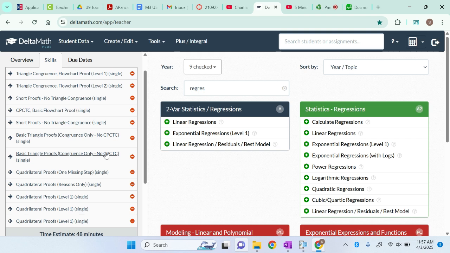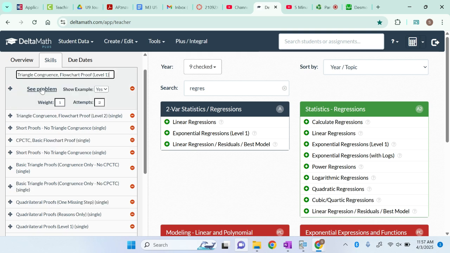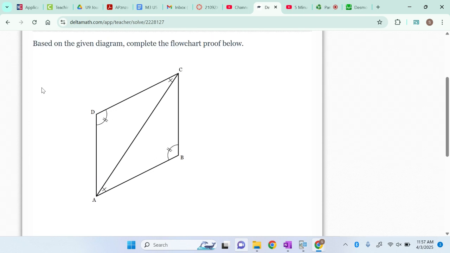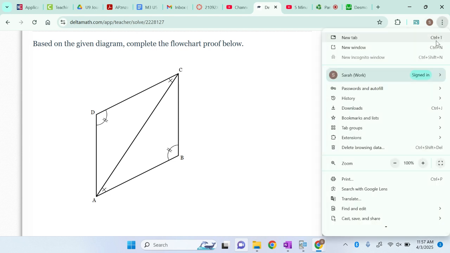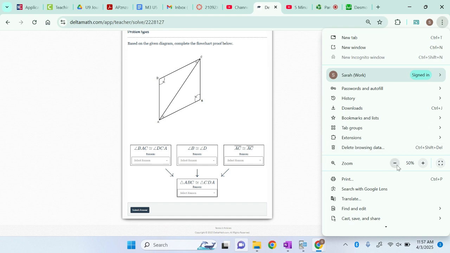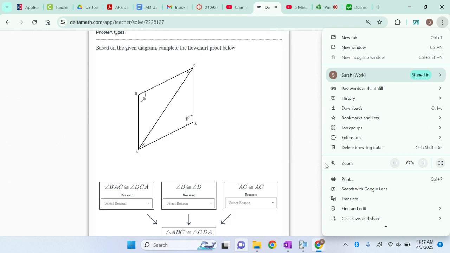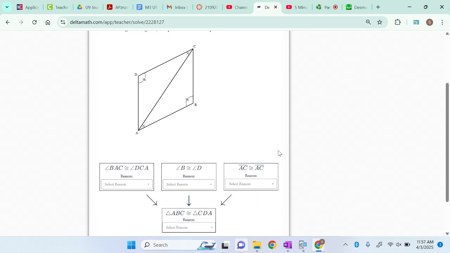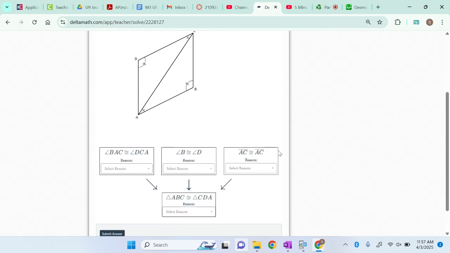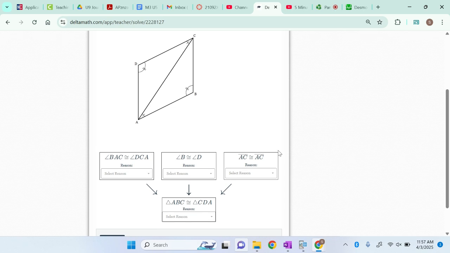So once you get to Delta Math, pull up the very first problem, which is a single problem, so it should be the same for everyone. I'm shrinking it just so you guys can see the whole picture, but obviously you'll be able to see it clearly on your laptop.